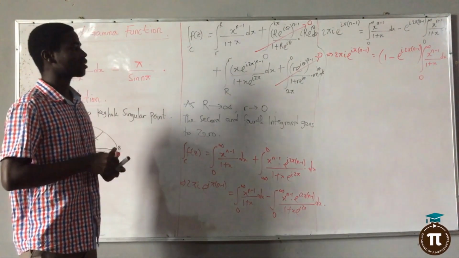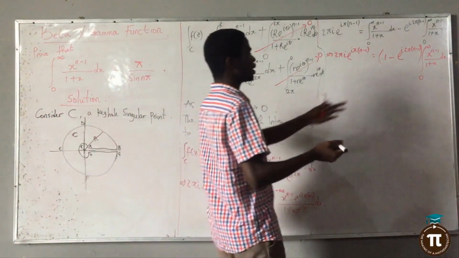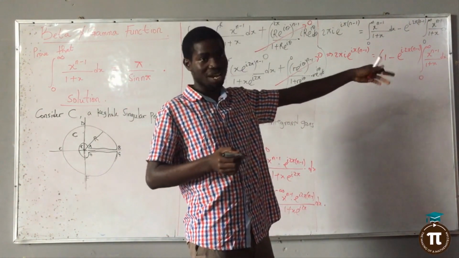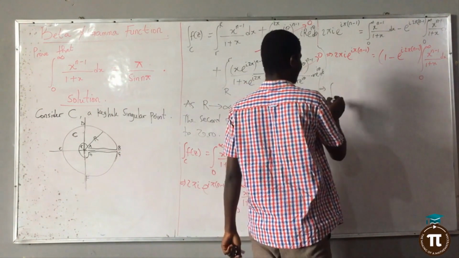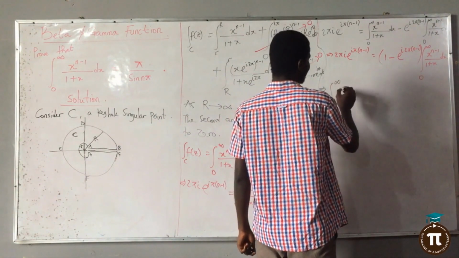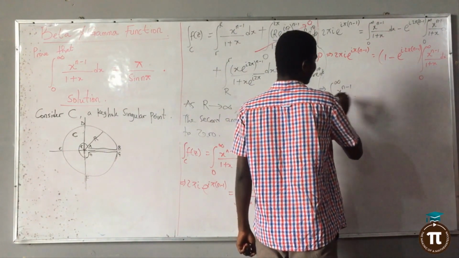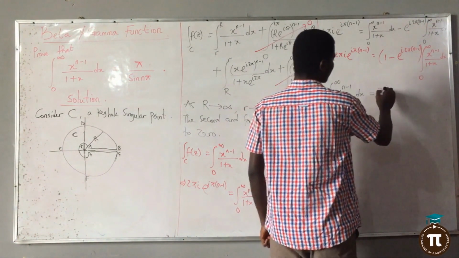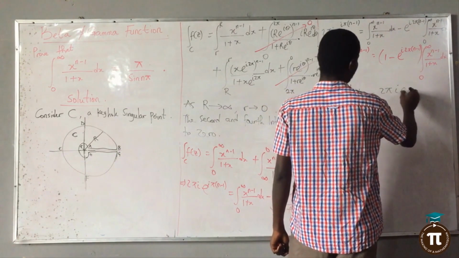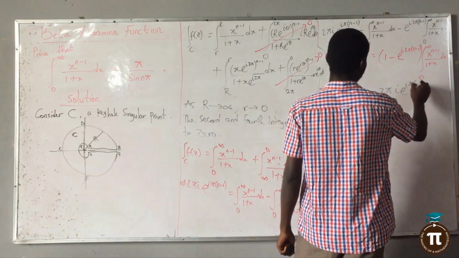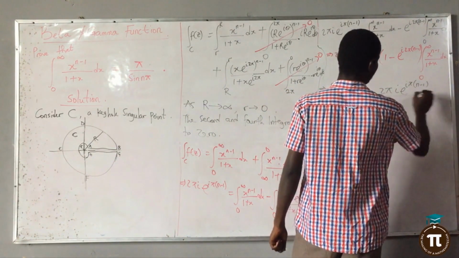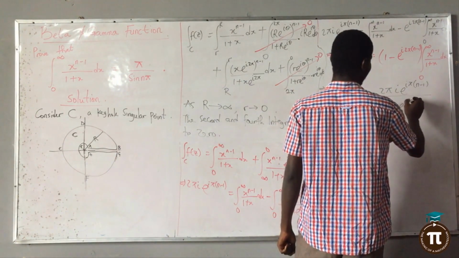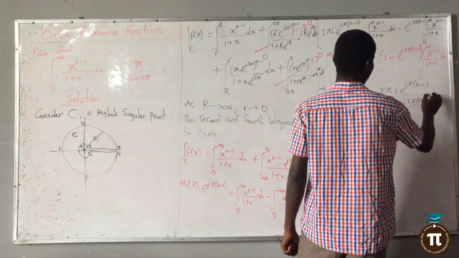So to obtain the answer, divide both sides by 1 minus e^(i2π(n-1)). So the integral from 0 to infinity of s^(n-1) over 1 plus s is equal to 2πi e^(iπ(n-1)) over 1 minus e^(i2π(n-1)).